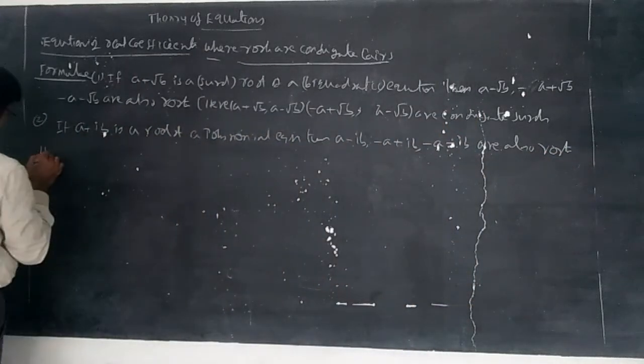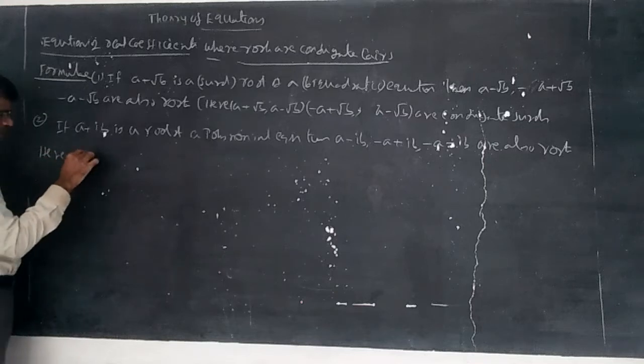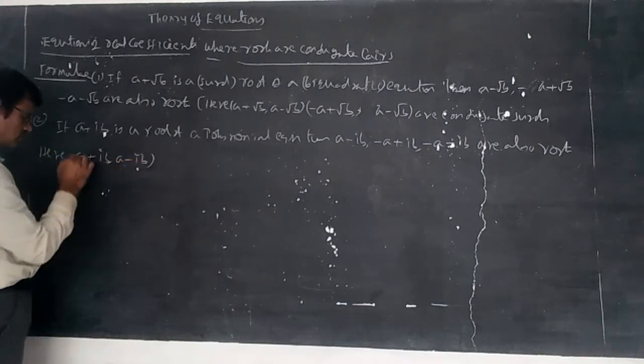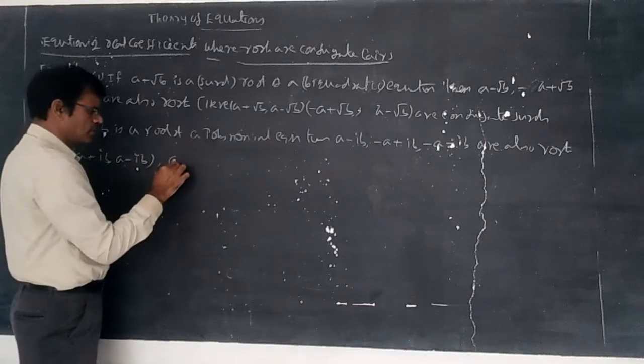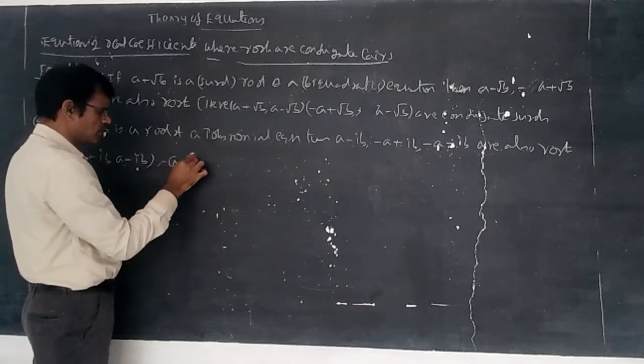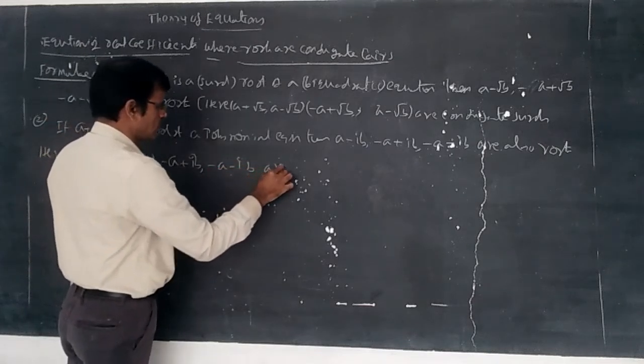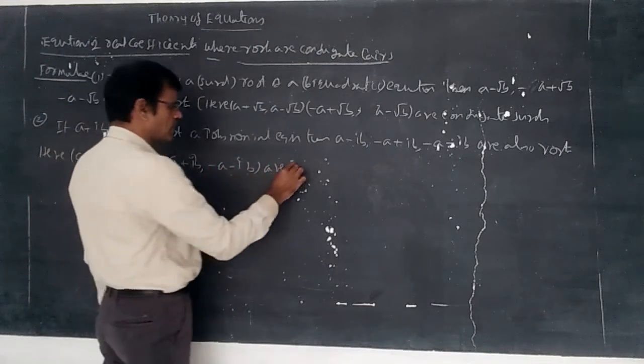Here a plus ib, a minus ib, this is a pair. Minus a plus ib, minus a minus ib are conjugate complex numbers.